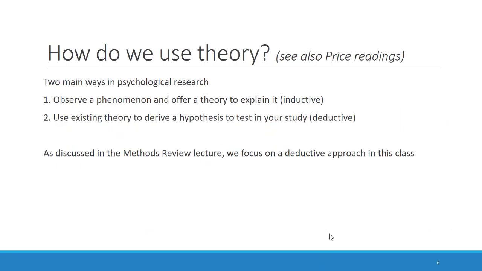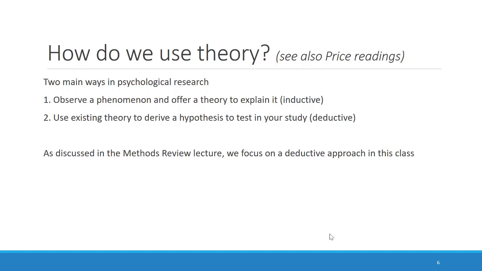How do we use theory? So again, just a reminder to read the Price chapters. There are two main ways in psychological research. So number one, we observe a phenomenon, we offer a theory to explain it, which is inductive research. And number two, we use existing theory to derive a hypothesis to test in our studies. This is deductive.